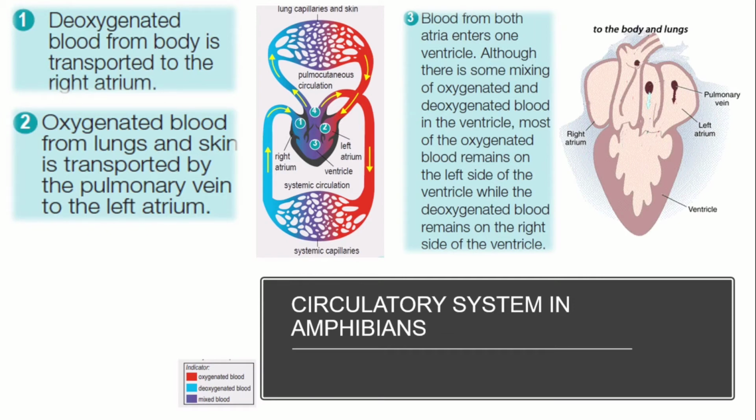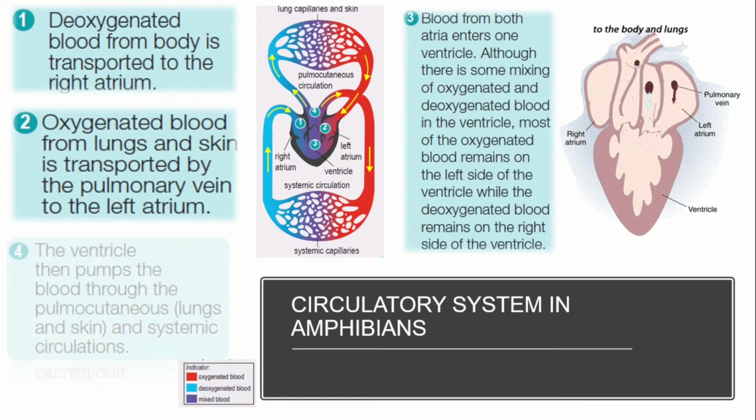Even though there is some mixing of the oxygenated and deoxygenated blood in the ventricle, most of the oxygenated blood will remain on the left side, while the deoxygenated blood will remain on the right side of the ventricle. Then, the ventricle will pump the blood through the pulmocutaneous and systemic circulation.